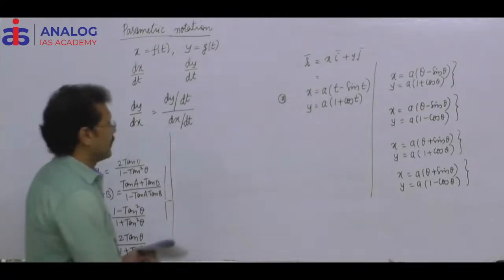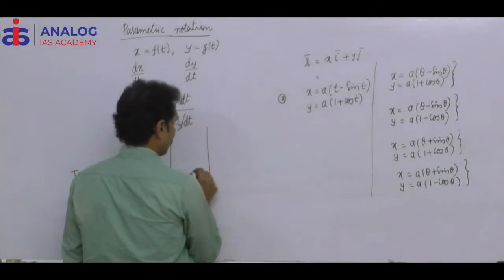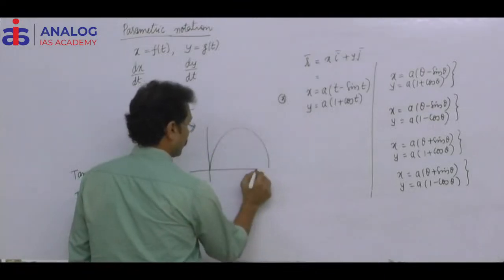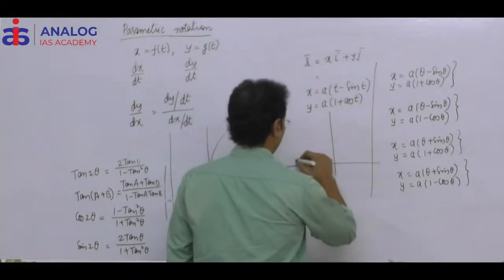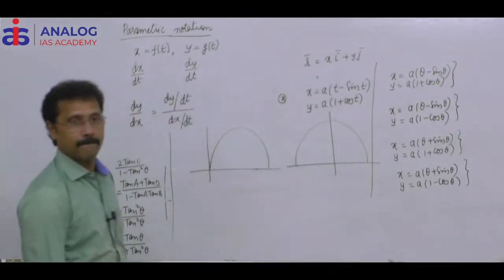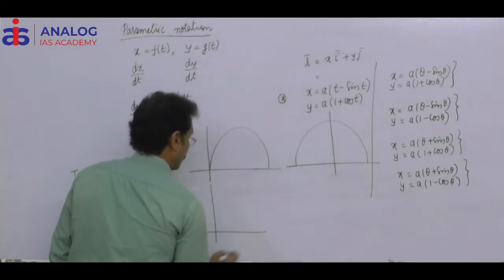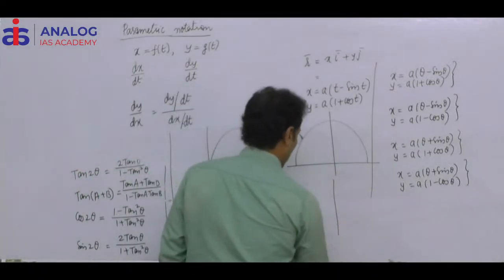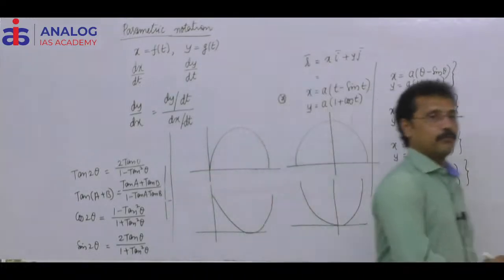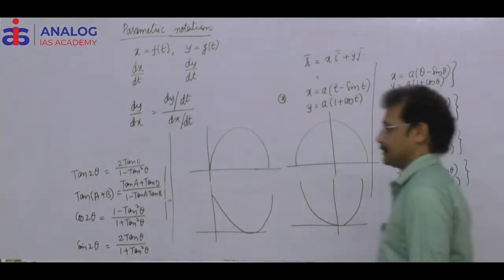Okay, now cycloid. Second variety. These are 4 cycloids.